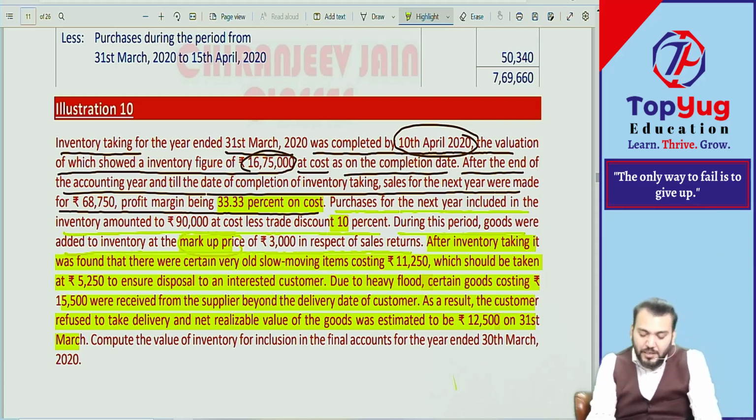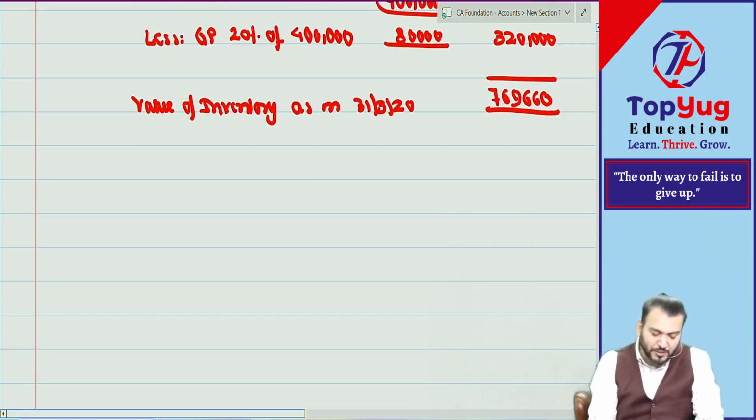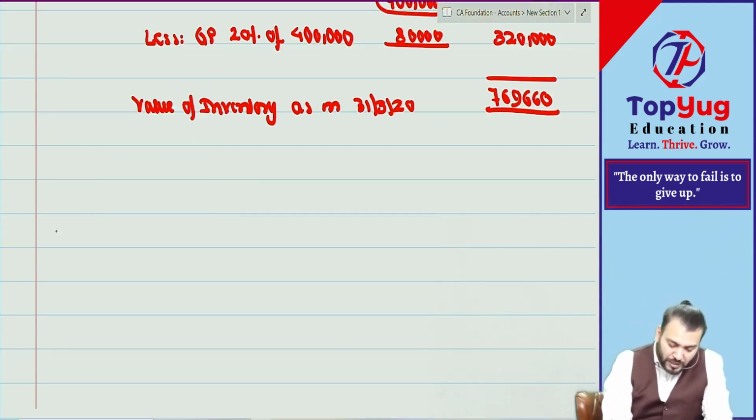Compute the value of inventory for inclusion in the final account for the year ended 31st March. Any doubt? So let us do first whatever we have understood. We are doing illustration number 10.